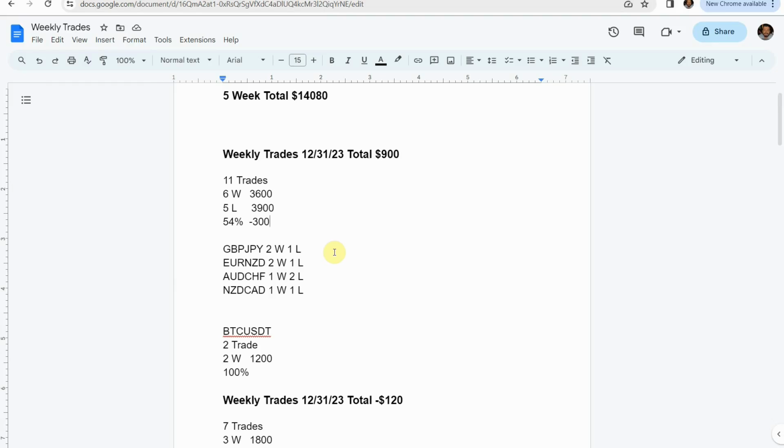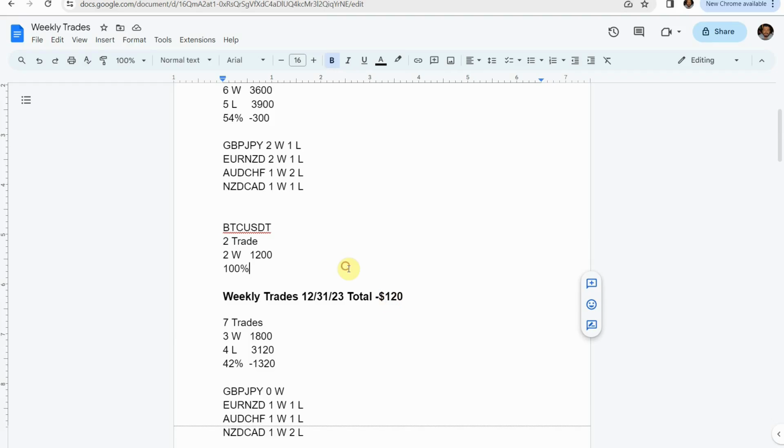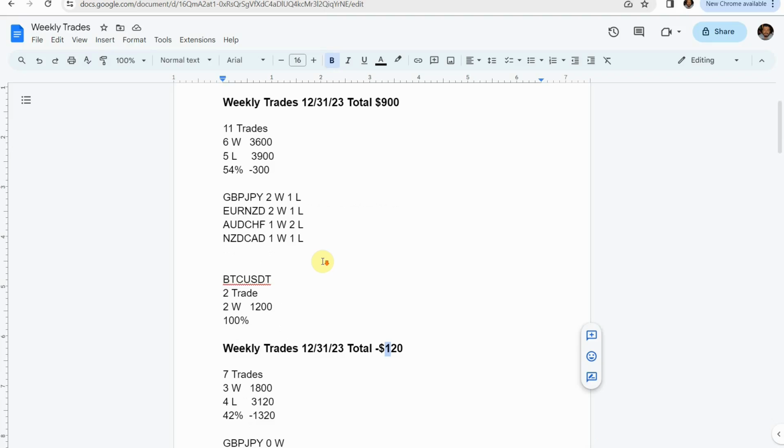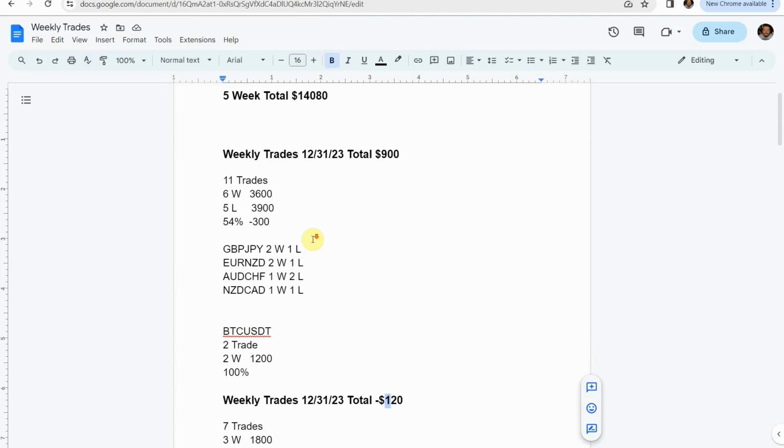And so you can see here that even on the weeks where we have a significant drop in the win rate, we are still able to maintain a relatively low red week or a small green week, including the crypto coin. Just like last week, it was a small red week. And again, that's the reality of trading. So you want small red weeks and you want big green weeks.